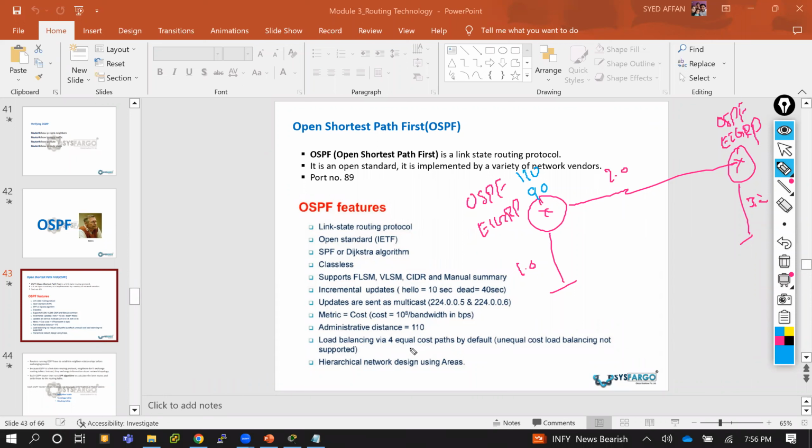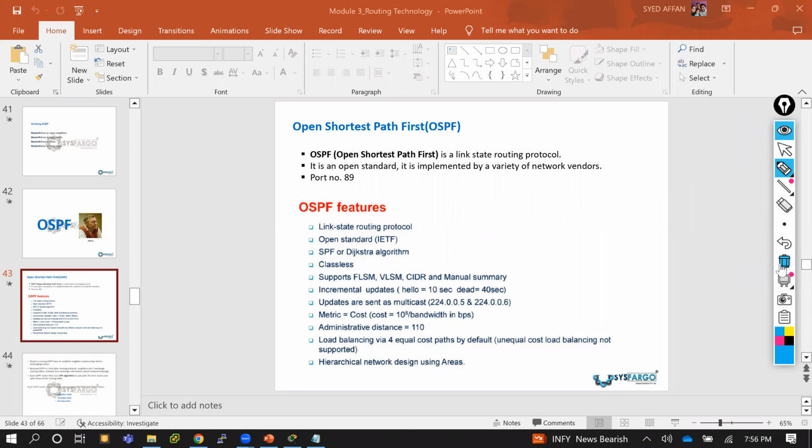Next, it does load balancing via 4 equal cost paths. What is equal cost and unequal cost? It doesn't support unequal cost. Equal cost means I want to communicate from source to destination and I have multiple paths, say 3 paths.